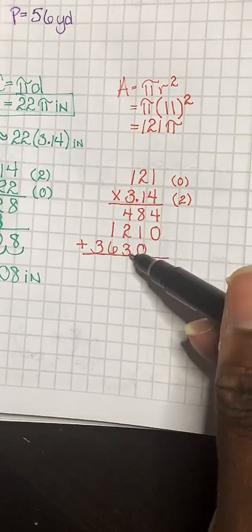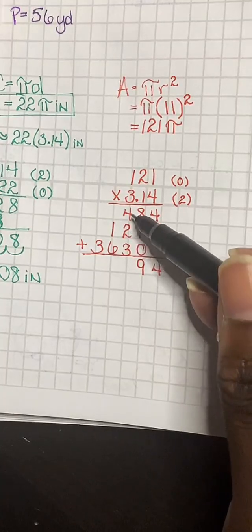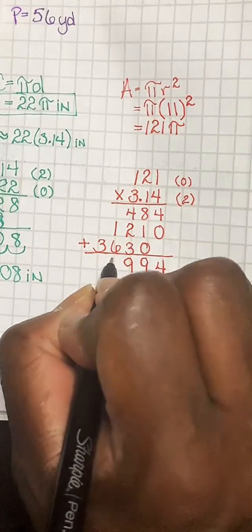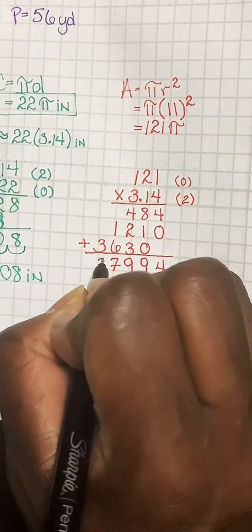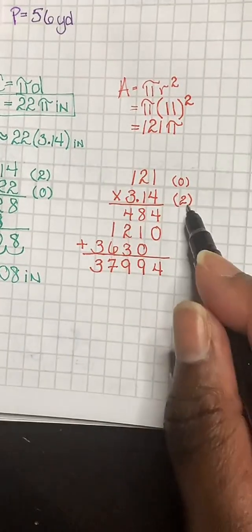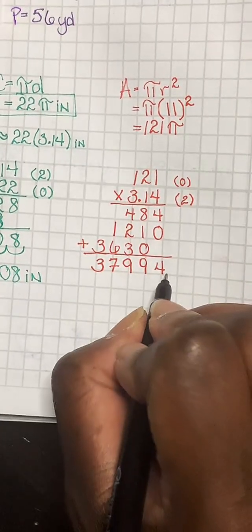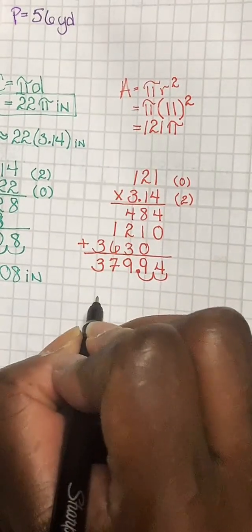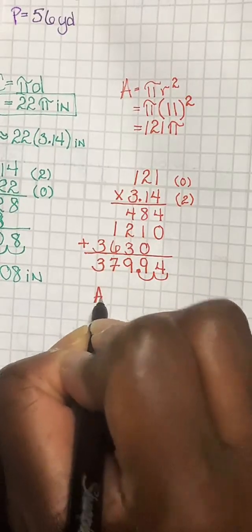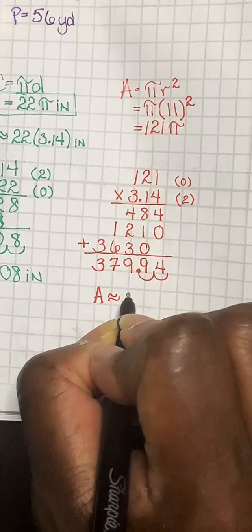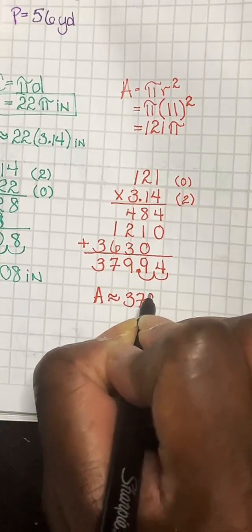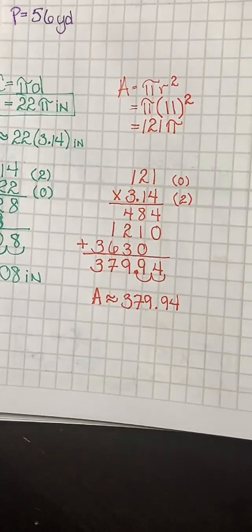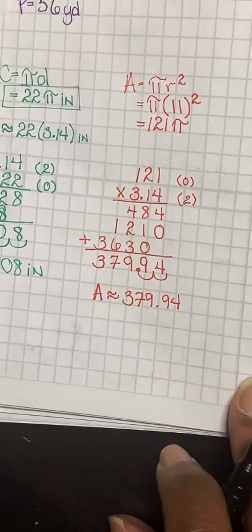Then 3 times 2 gives me 6, plus 4 gives me... 9. 6 plus 1 gives me 7. And then I bring down the 3. So now I have 2 decimal places. So I'm going to move it over 1, 2. So my area, if we need to be approximate, is 379.94, or 379 and 94 hundredths.